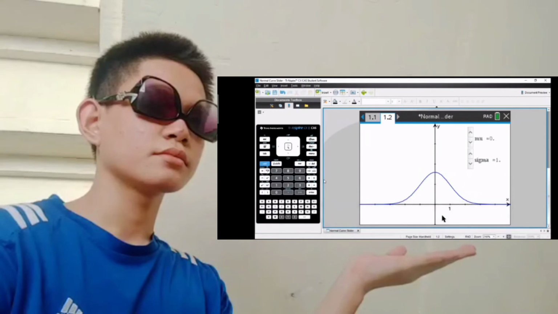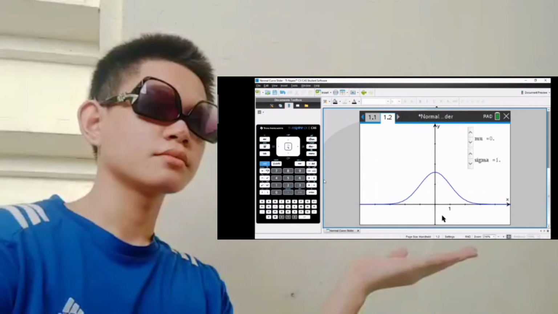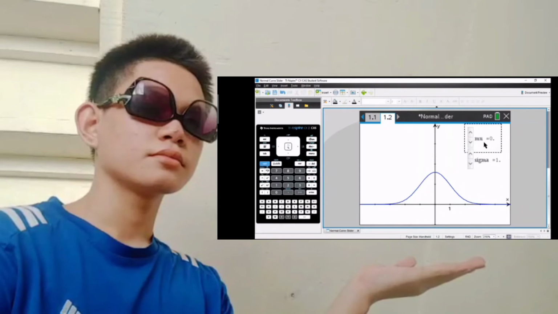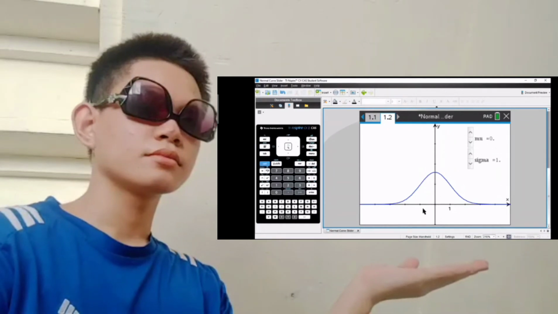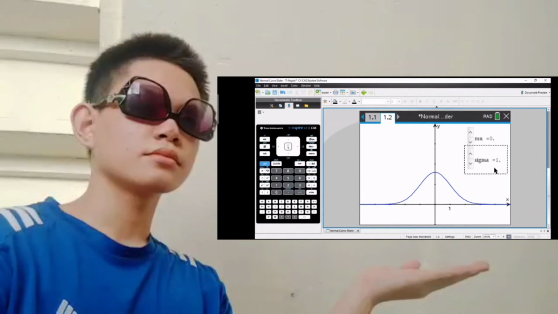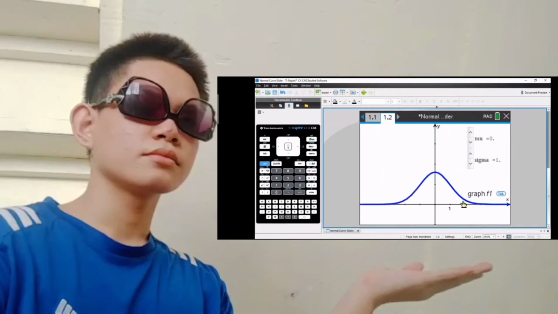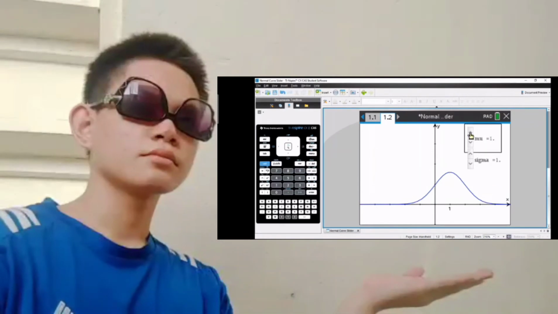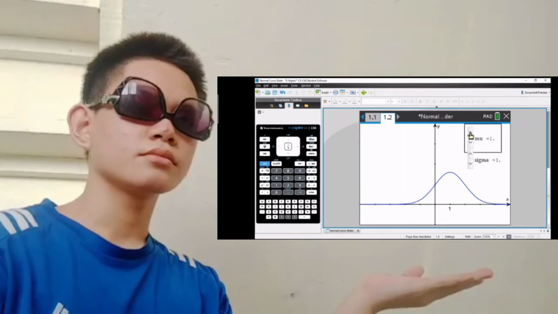Here we have a mean of 0 and a sigma of 1, and the mean is located at the origin of the coordinate. And if we change the value to 1, notice the change of the location of the curve. It changes, right?